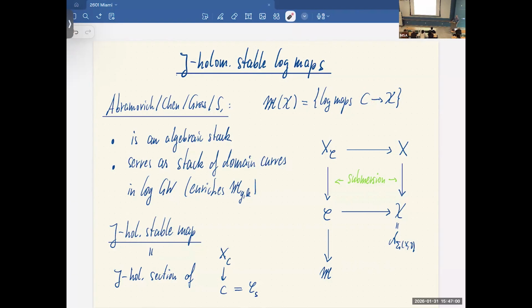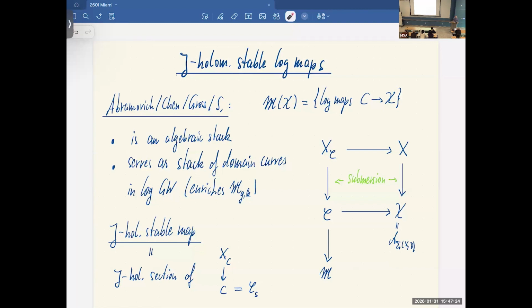That's all it is. It's really a discrete enhancement of this stack of nodal curves of genus g with k marked points, not more. So it has the same dimension. Nothing fancy geometrically is going on. Locally it's really the same thing, up to some tropical enhancement that has a discrete flavor.